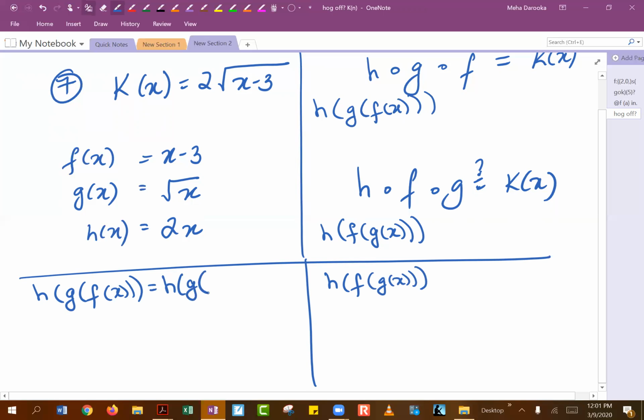We're putting f as the very center function. And what did we define f as? X minus 3, which means it is going in here. Okay? So x minus 3 is inside of which function right now? G, which means g has to do the substitution.